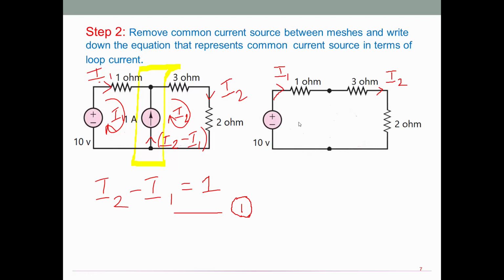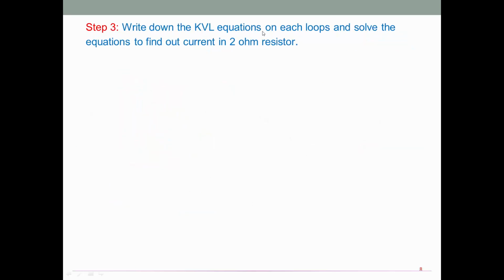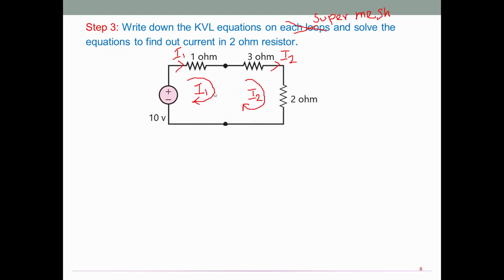Now apply KVL on this supermesh. Write down the KVL equation on each loop. You can also call this a supermesh and solve the equations to find the current in the 2 ohm resistor. After removing the current source, this is your circuit diagram. Apply KVL on this supermesh.